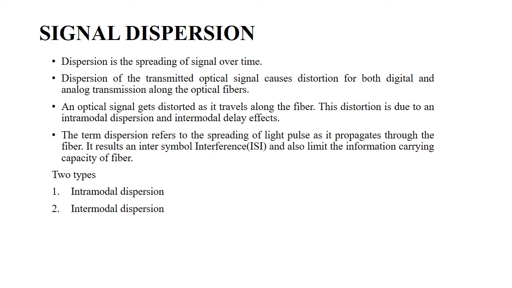This distortion is due to intramodal dispersion and intermodal delay effects. The term dispersion refers to the spreading of a light pulse as it propagates through the fiber. It results in intersymbol interference and also limits the information carrying capacity of the fiber.